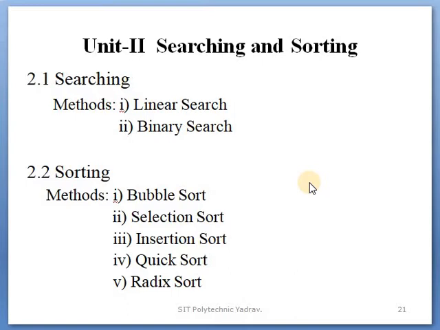So those points are added. The important programs are linear search, binary search, bubble sort, selection sort and insertion sort, not quick sort and radix sort. The program is not important for those.